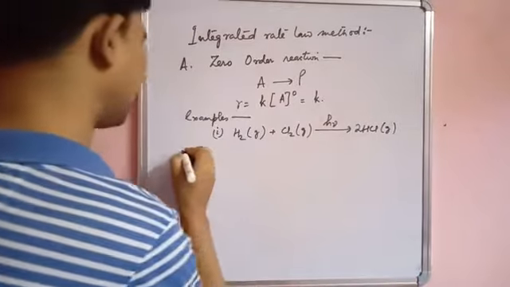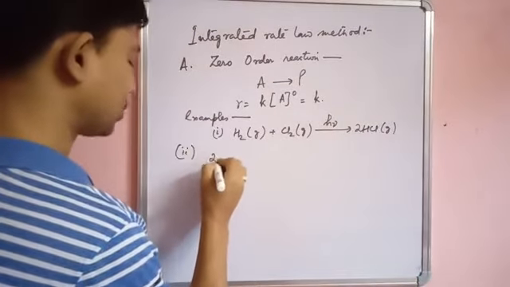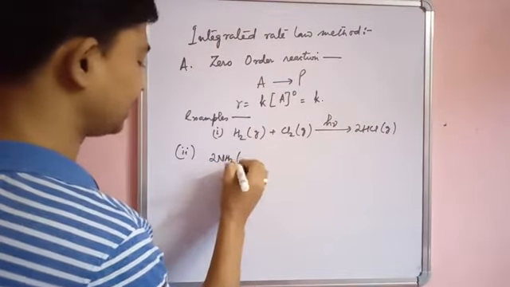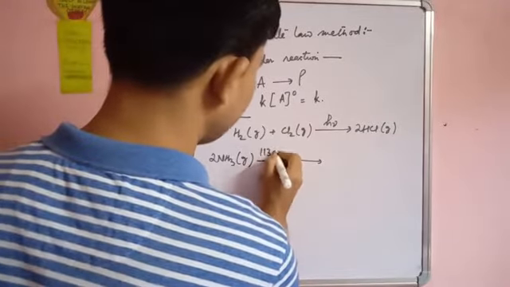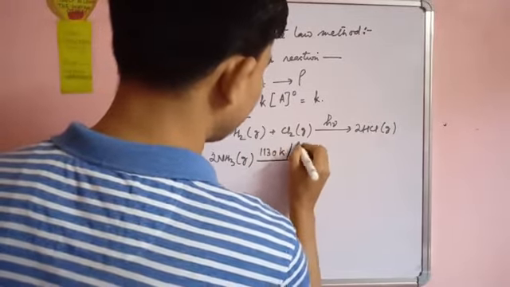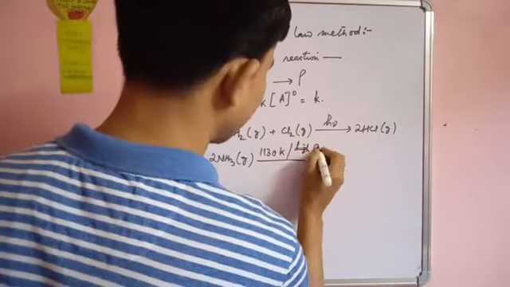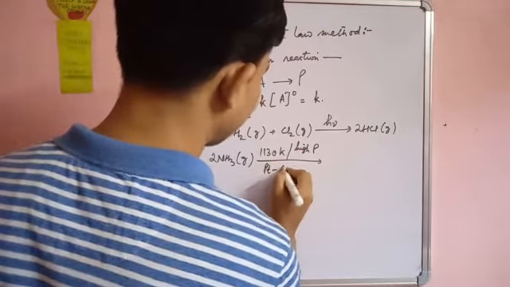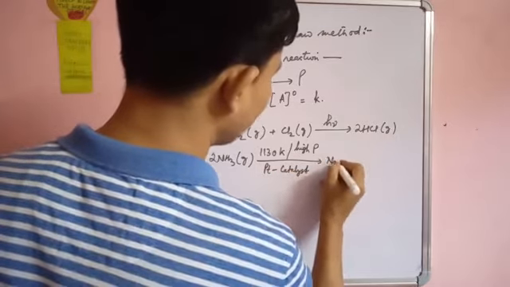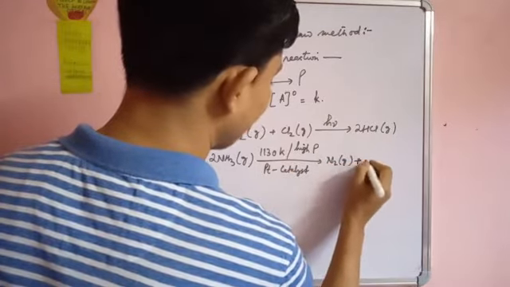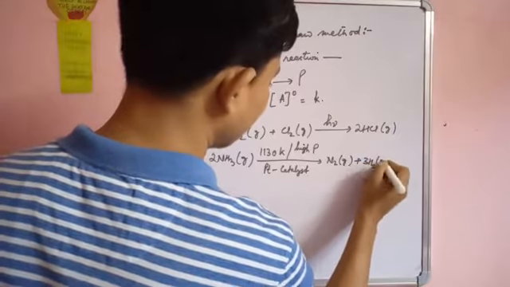Another reaction we have seen in our last class, that is 2 NH3(g), which at 1130 Kelvin, high pressure and in the presence of platinum catalyst breaks to give nitrogen in gaseous state and hydrogen also in gaseous state.